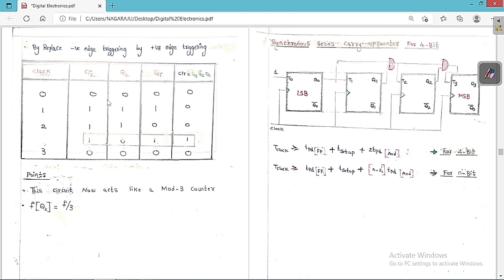Listen carefully. Initially I am going to assume it is 0, 0, 0. So this is Q0, Q1 and Q2.